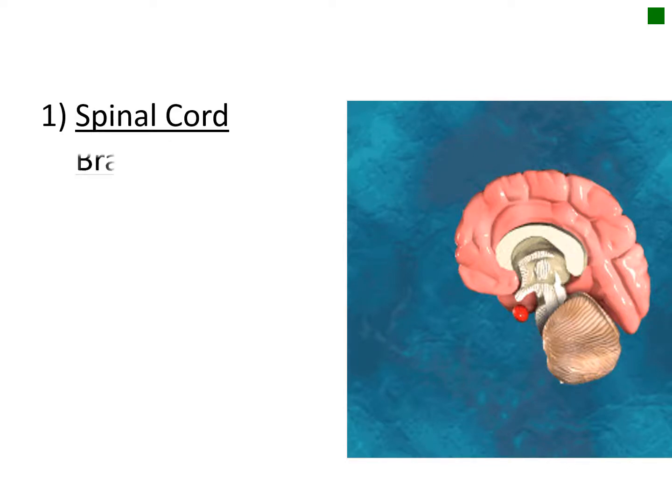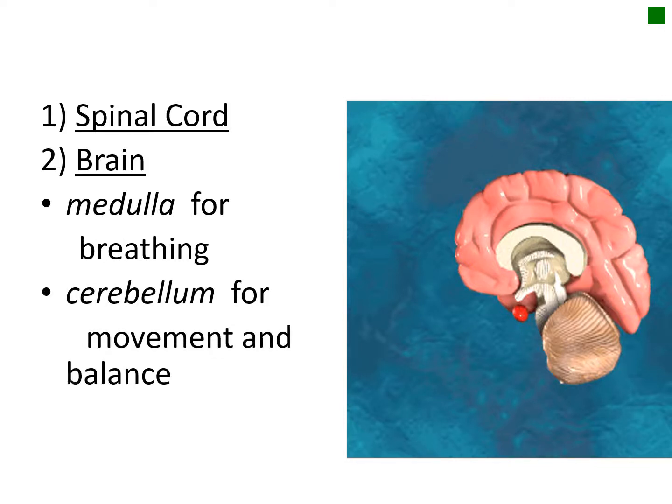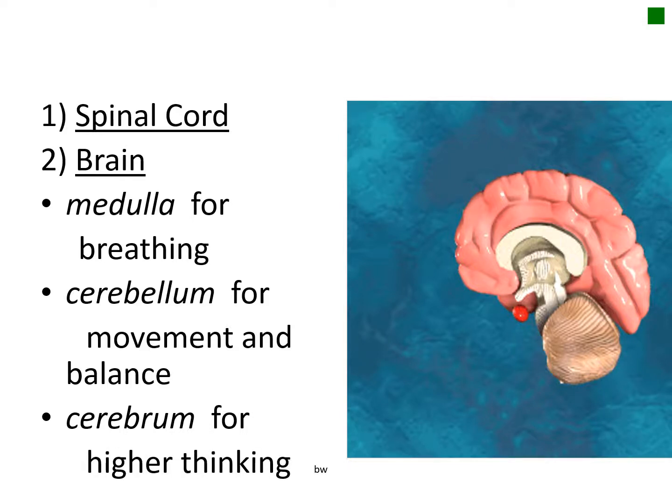Here is the spinal cord. The medulla is mainly for breathing, the cerebellum is for movement and balance, and the cerebrum is for higher thinking. This is the medulla oblongata, the cerebellum, and the large part is the cerebrum.